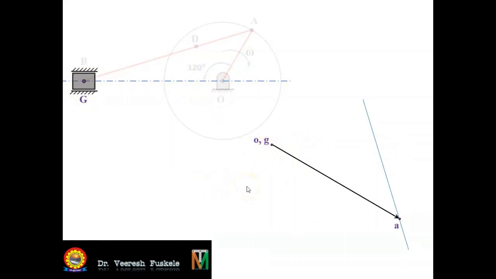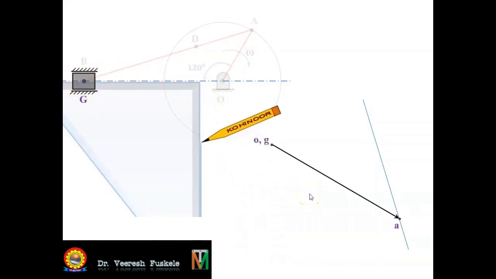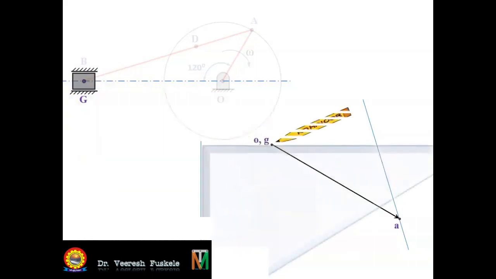If you are using a roller scale, you can directly draw the line parallel to this central line through point G. If you are using the set square, then you have to use this method. First of all, you draw one perpendicular to that central line like this, and again you use the set square and draw a line perpendicular to the previous perpendicular to get the horizontal line.